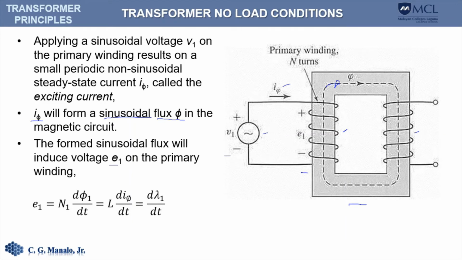The induced voltage there will be proportional to the number of turns in the primary winding and the rate of change of the flux linking the primary winding at any given time. Take note that the same flux also links the secondary winding, and therefore a voltage will also appear at the secondary winding. Let's call that E sub 2.